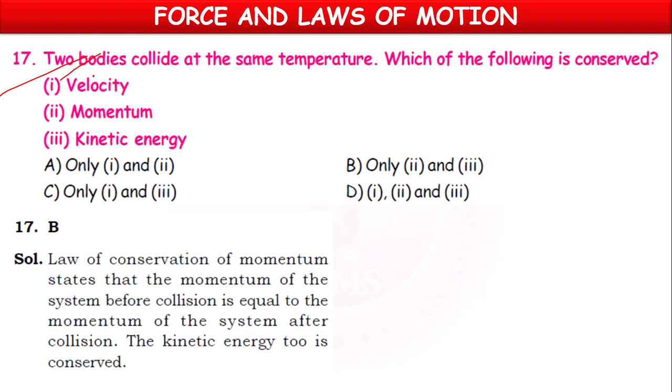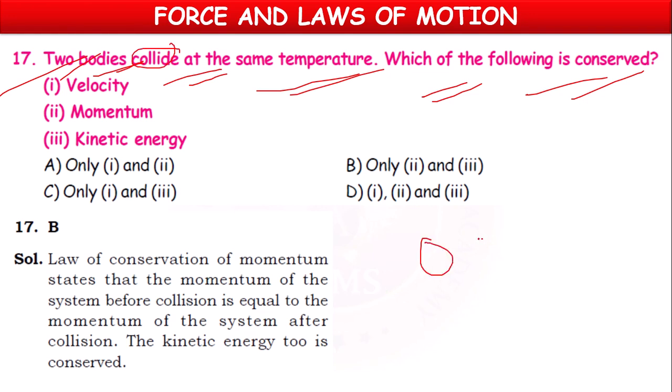Next one, 17th question. Two bodies collide at the same temperature. Which of the following is conserved? If two bodies touch each other, their velocities will change, so velocities cannot be conserved.